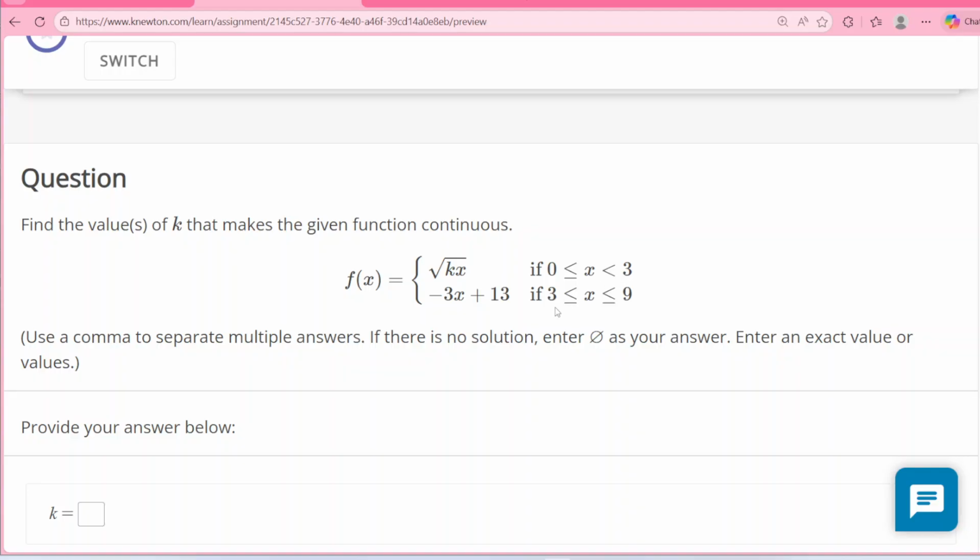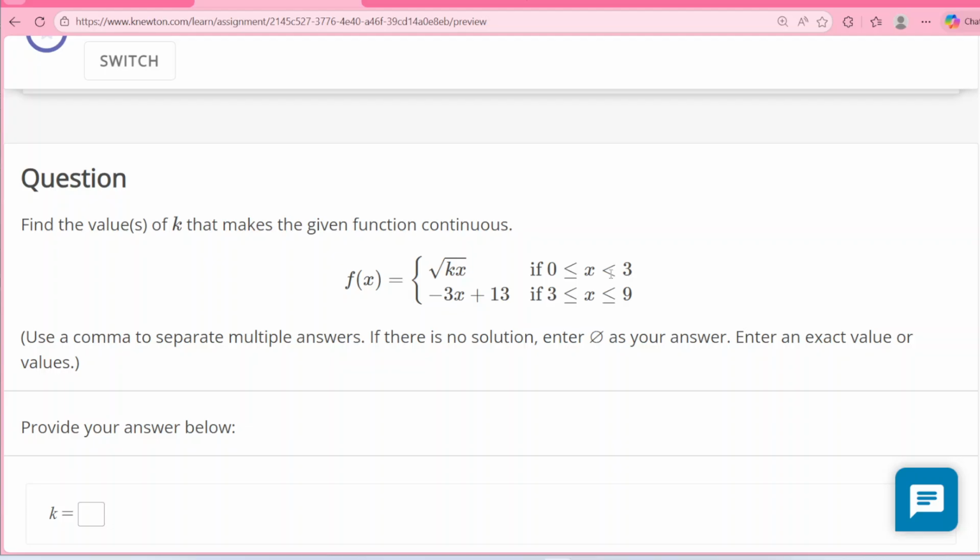The only place this could possibly be discontinuous is at 3. Now the value at 3 would be 4, right? When I plug in, I'm in the bottom piece here. If I plug in 3 for x, that'd be negative 9 plus 13, that'd be a value of 4. And the right side limit would also be 4, right? That's on the bottom piece again. So I want the left side limit to also be 4.